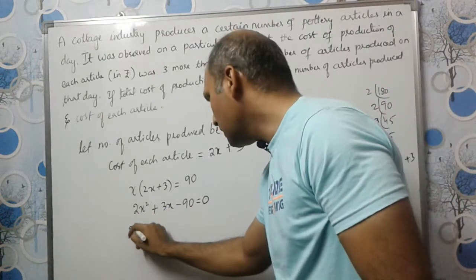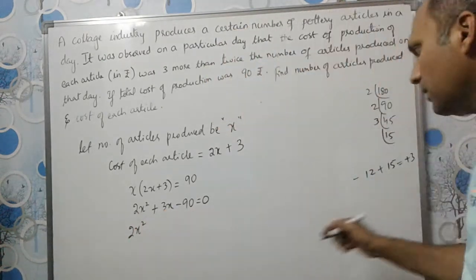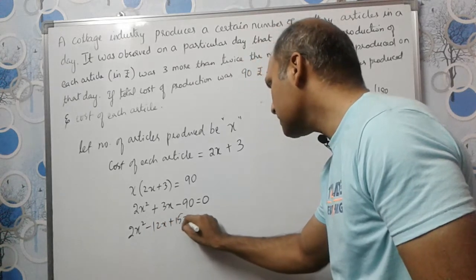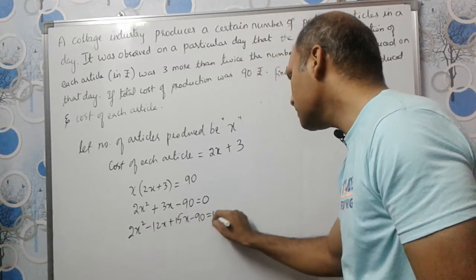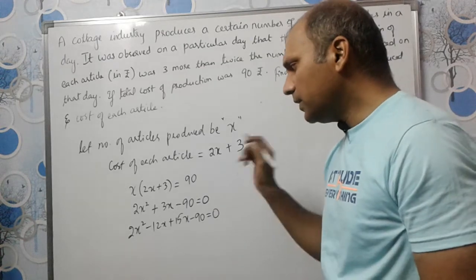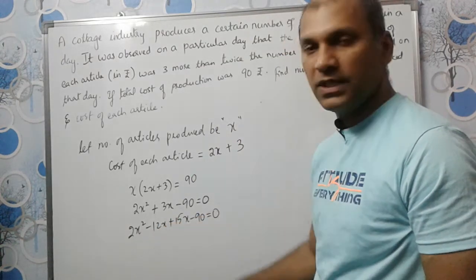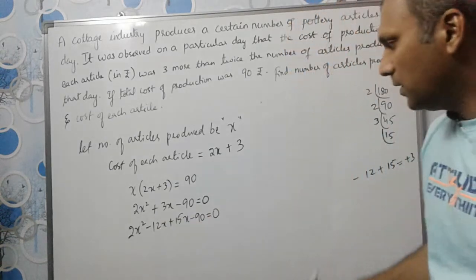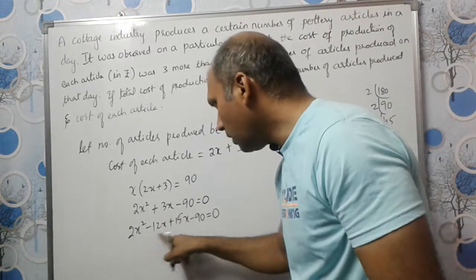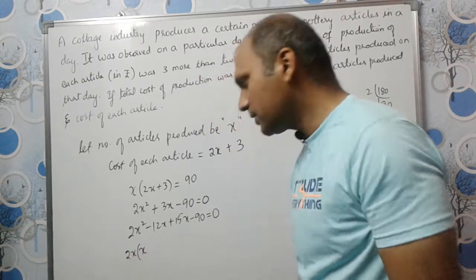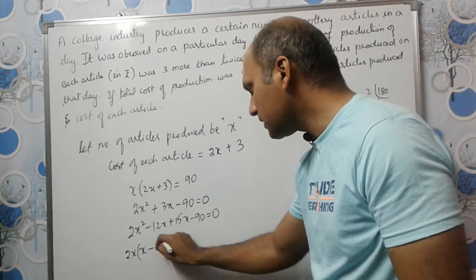So let us split the middle term in this form: 2x squared minus 12x plus 15x minus 90 is equal to 0. If you did not watch my factorization video, I recommend you go watch that video. It will be very easy for you. Now, what can we take common from the first two terms? We can take 2x common, so x will remain, minus 6.